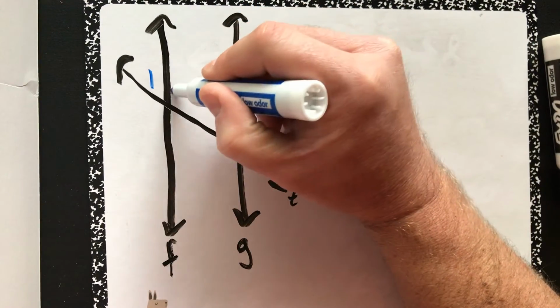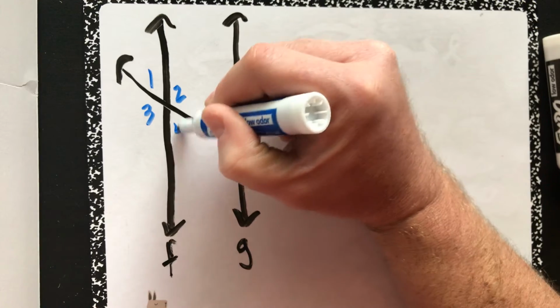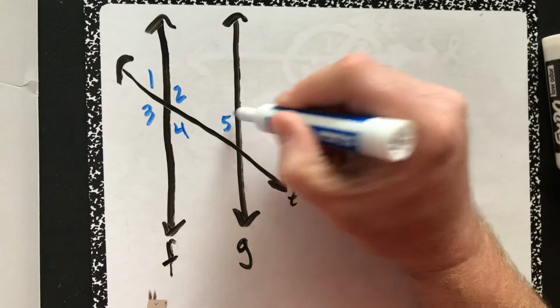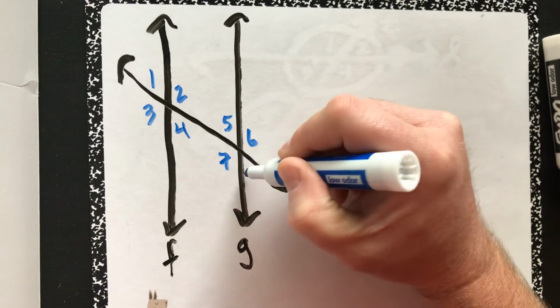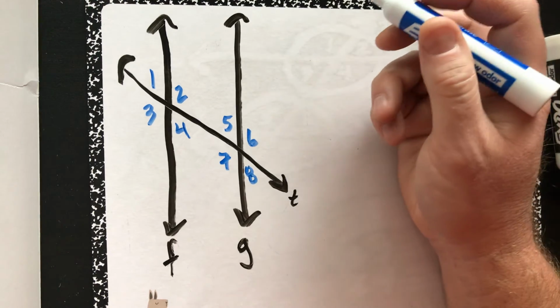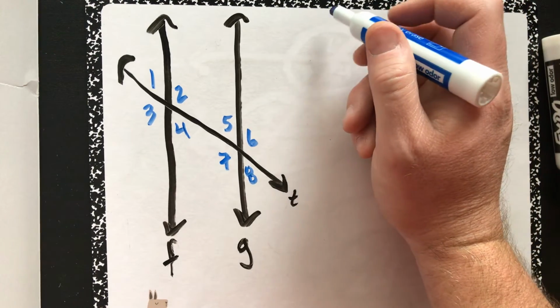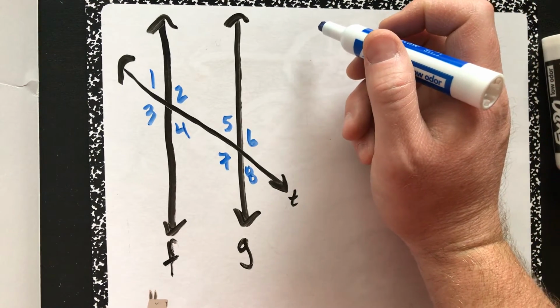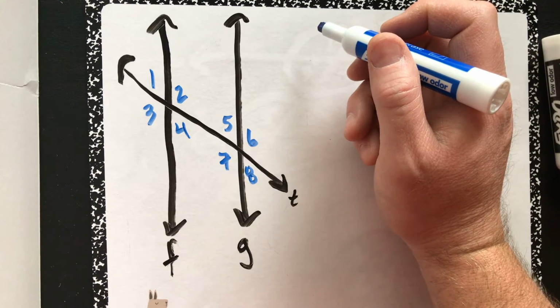So 1, 2, 3, 4, 5, 6, 7, 8. So the first question says, identify 4 pairs of congruent angles.